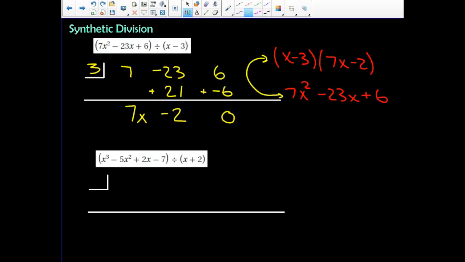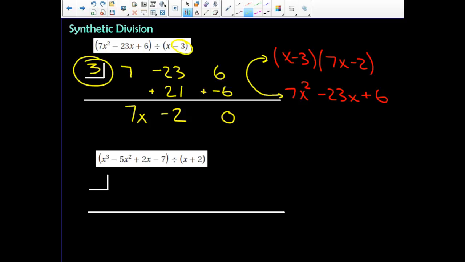So you don't do anything different because the 3 is negative? Not sure what you mean. Like in the equation, it's x minus 3. So you leave that positive, or you change it to positive? Whatever goes in this little box right here is the opposite of this. That's how the whole process works.